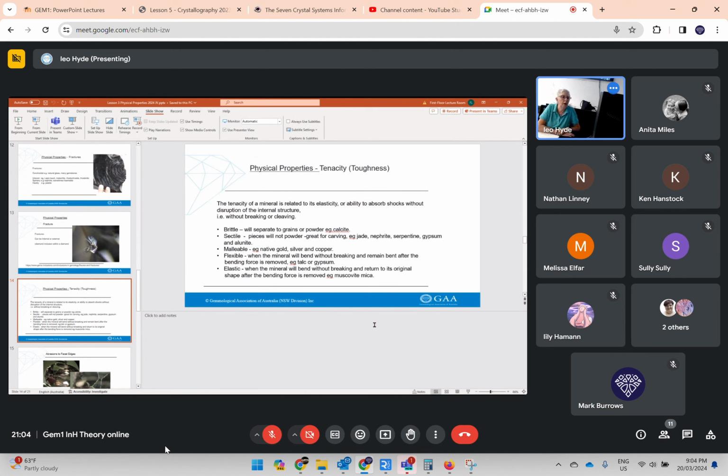Now, tenacity is about toughness. This is where brittleness comes in. It's about how easily something will absorb shocks. Again, know your definitions, but they're very simple: the ability to absorb shock without breaking. As I said, a zircon is very brittle.